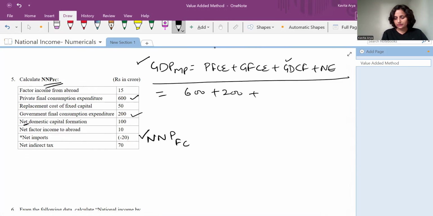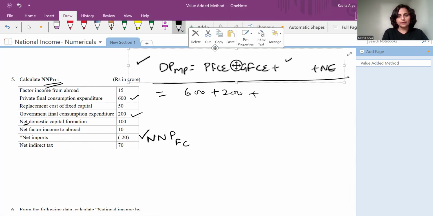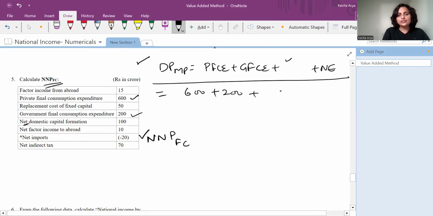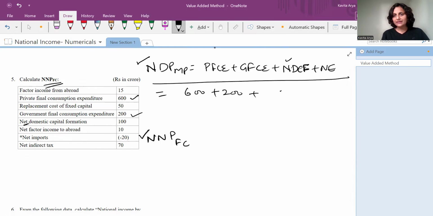I'm just redoing this formula and I'm trying to write, instead of GDPMP, NDPMP here and NDCF. Why am I doing so? Because we would not add depreciation here and subtract it subsequently.